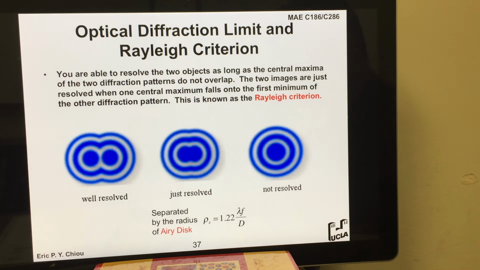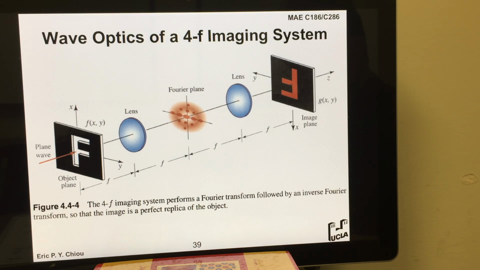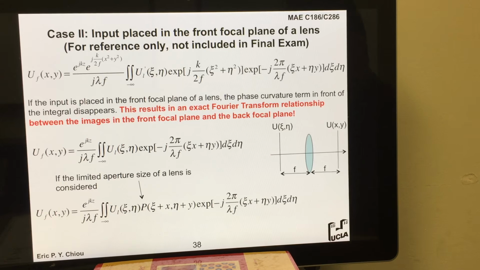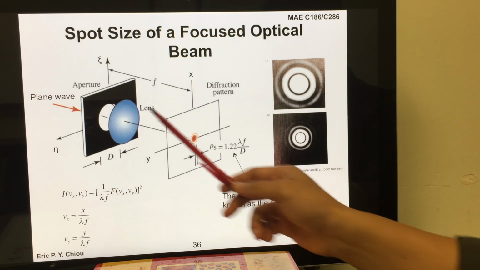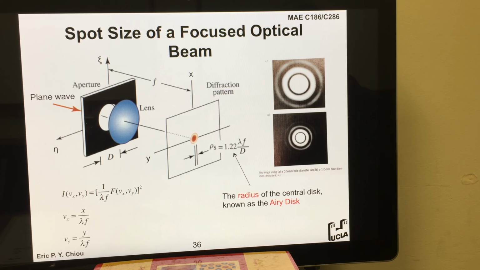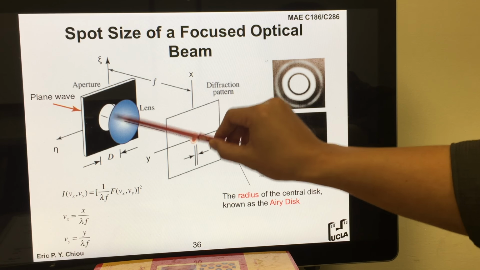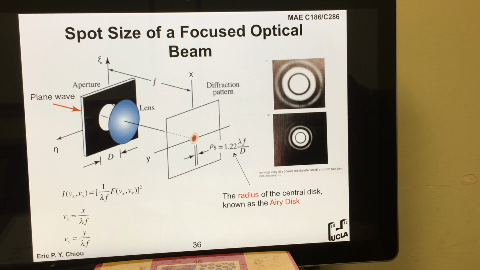Let me see if I have the pattern here. Oh, too bad, I don't have that pattern shown. But don't worry, in the next lecture you will know what the Fourier transform of the circular pattern is.